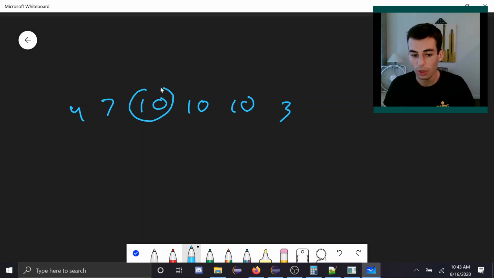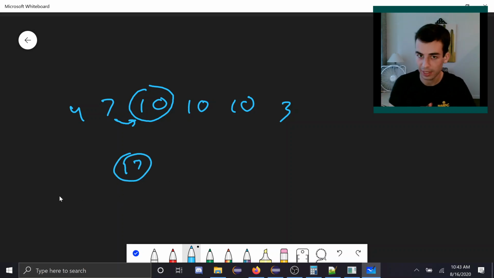We'll take one of these maximum numbers and match it with some other number. Since the array isn't all 10s, there will be some number next to a 10 that's not equal to a 10. After we do this, we now have a 17 here. This is the strictly biggest number. We can just match this with everything else, and that's the solution.